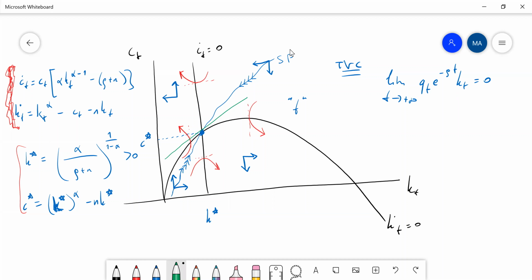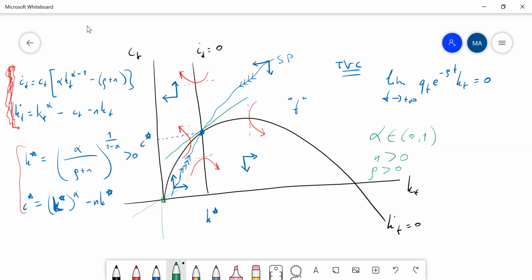Then you can move this point to the origin, so you can normalize the model. Then you can find the eigenvalues. Under the conditions that alpha is between 0 and 1, n is greater than 0, and rho is greater than 0, which are the parameters of the model, you will find these eigenvalues to satisfy the saddle point equilibrium.